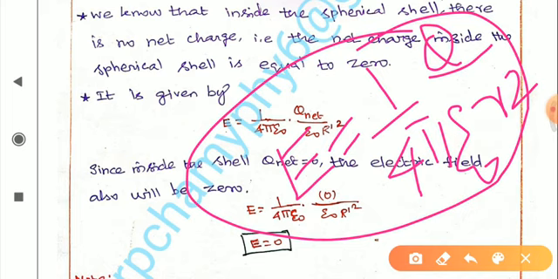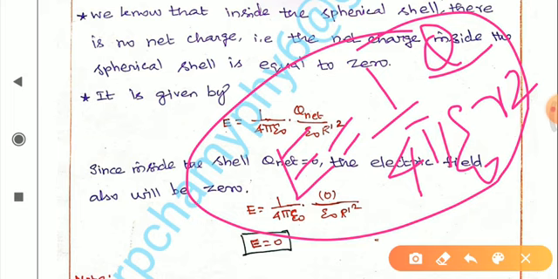Depending upon the point we are choosing from the sphere, whether on the surface of the sphere, outside the surface, or inside the surface, the magnitude of the electric field will change.